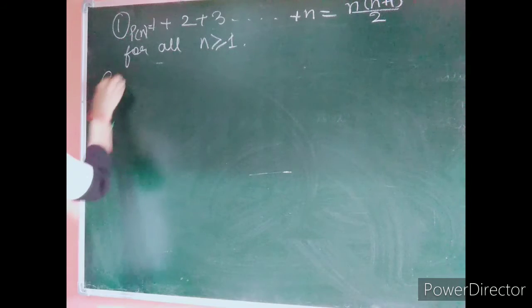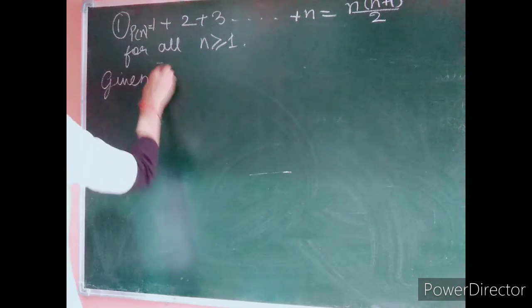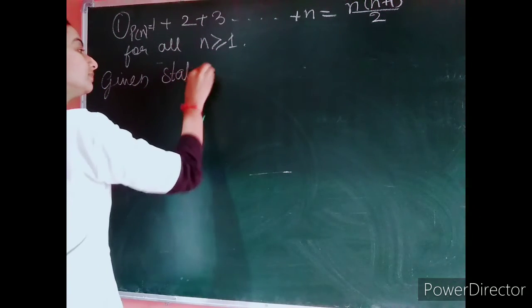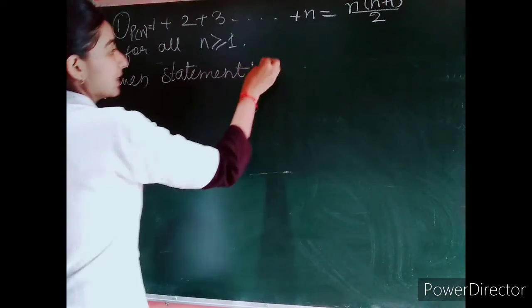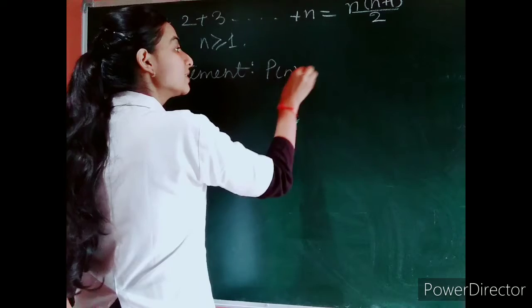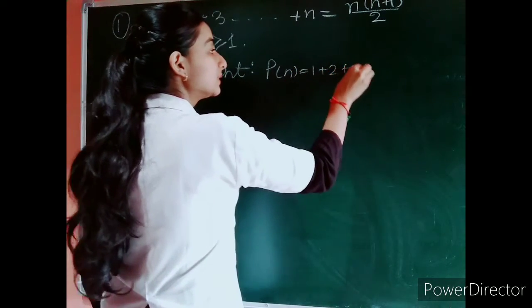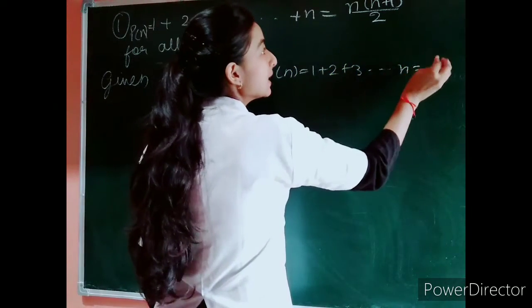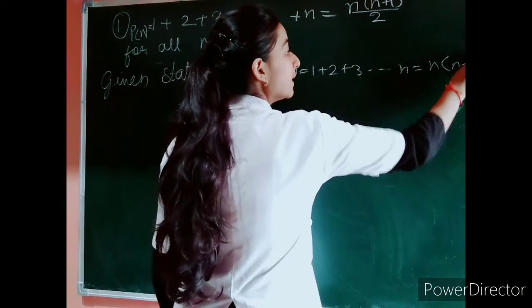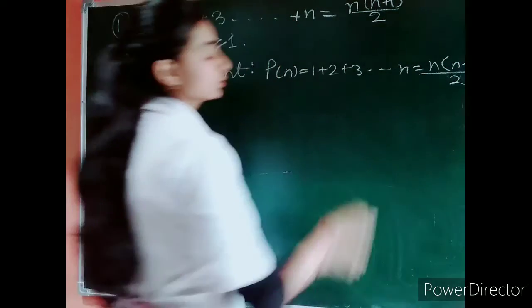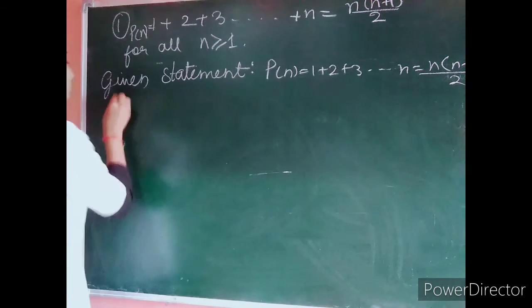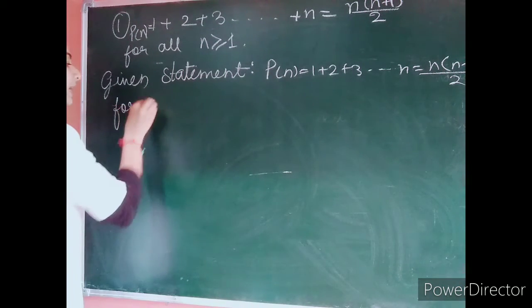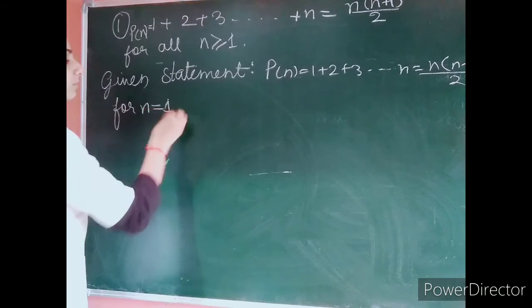So, the given statement, that is Pn is equal to 1 plus 2 plus 3 up to n is equal to n into n plus 1 upon 2. Now, our first step is for n equal to 1.